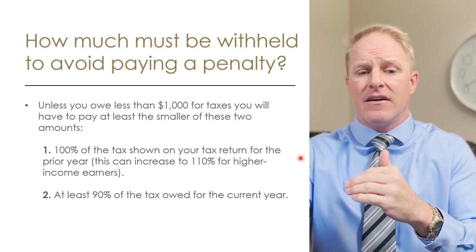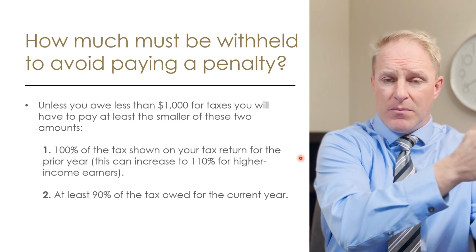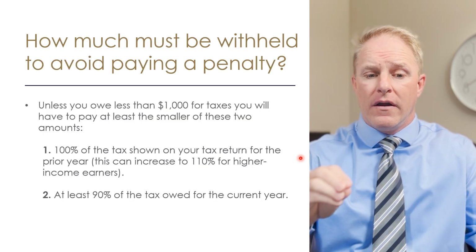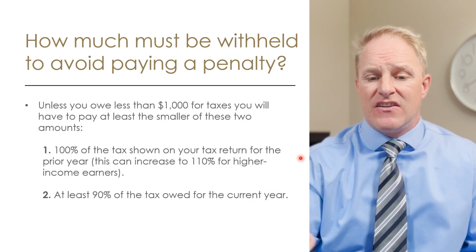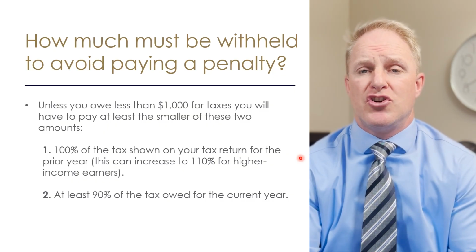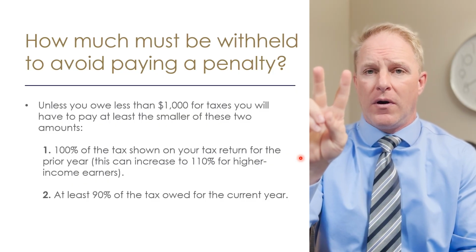If you're not a high income earner, it's 100% of what you paid for the previous year. Or you have to pay in at least 90% of the tax owed for the current year, which you would obviously have to make a projection on to determine which of those two amounts is lower. So that's in a nutshell how the withholding method works.